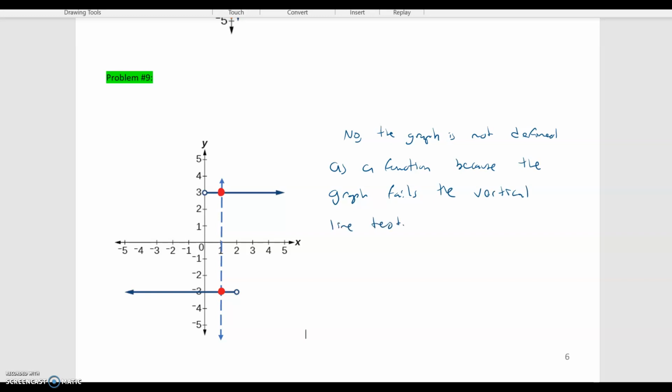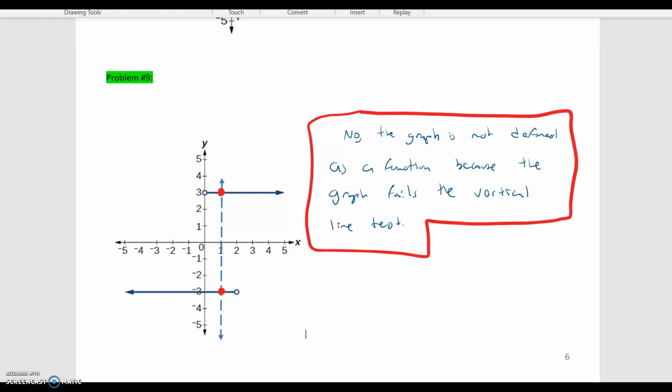And once again, as we go back to the basic definition of a function, your mathematical structure is not going to be a function if a given x value gives you 2 y values. Every x should give you one unique y value. In this case, for x equals 1, you're looking at 3 and also -3 as possible answers. So problem 9, not a function, fails the vertical line test.